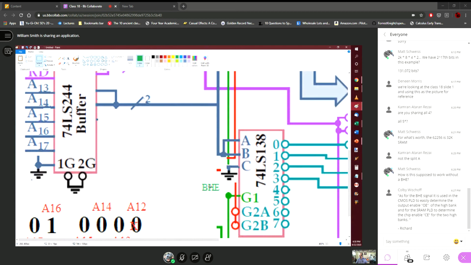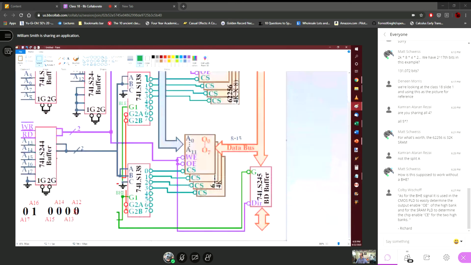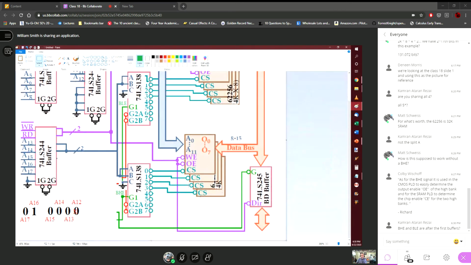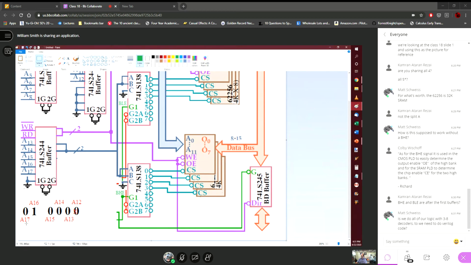I want to wipe out that. All right. So now, we got questions. BHE, they're going to come through this buffer here, or I'm going to double this buffer up. I'm going to make 2 of these buffers, and maybe the other buffer is going to have BHE, BLE coming into it.